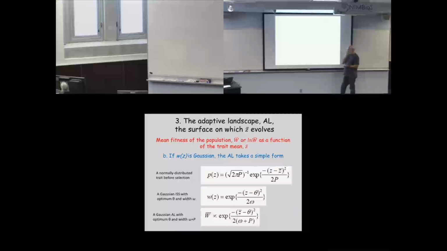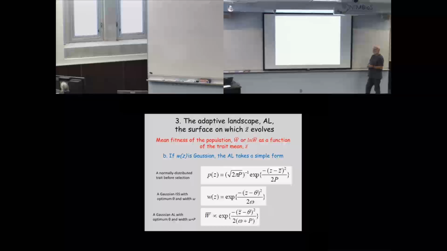Joe's going to make a comment. Right. Okay. Yeah, I agree. And the nice thing about the second line is that when you're at the optimum, the fitness is 1, and that's kind of a nice standardization. The highest possible fitness in that case is scaled to 1. Rosanna in the back row. So maybe this answers Sophia's question. In W bar, the mean fitness, it's not the square root of 2 pi P, because that symbol is approximately.